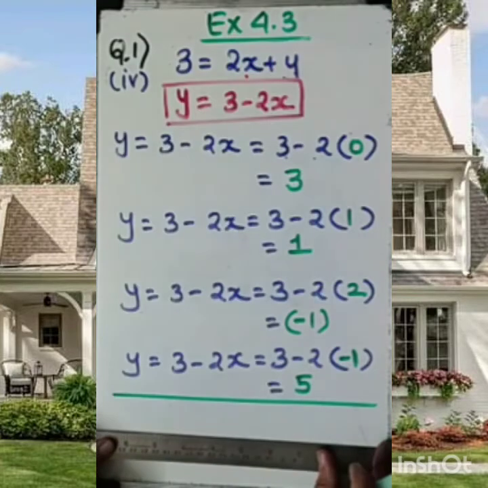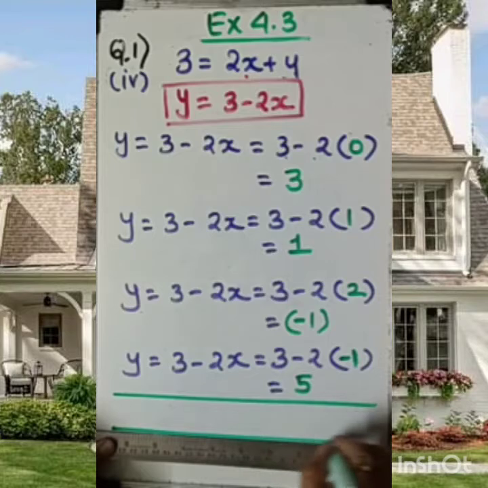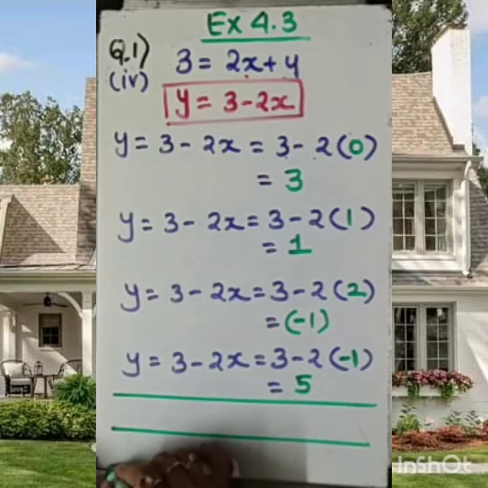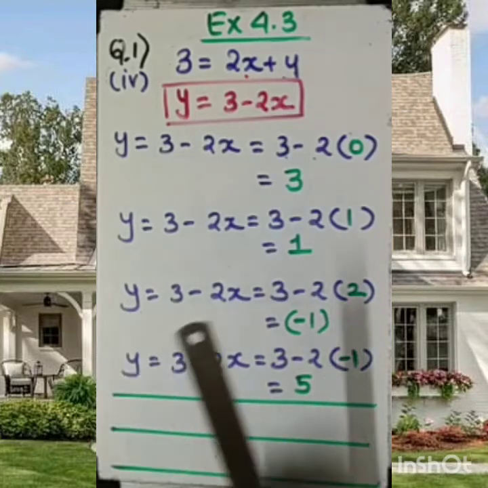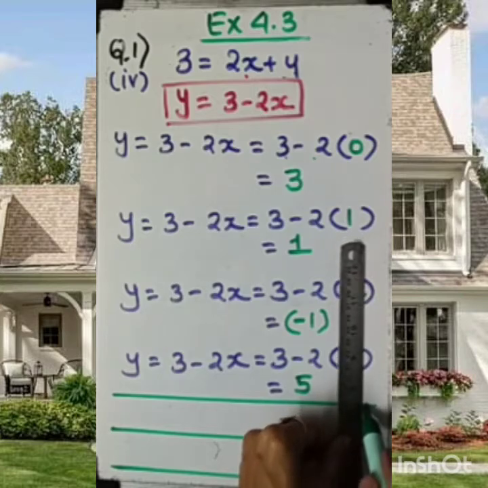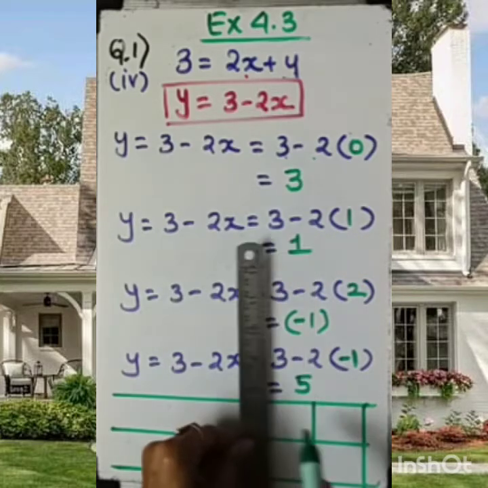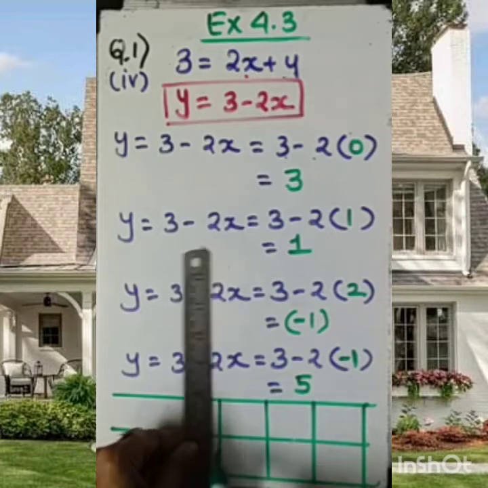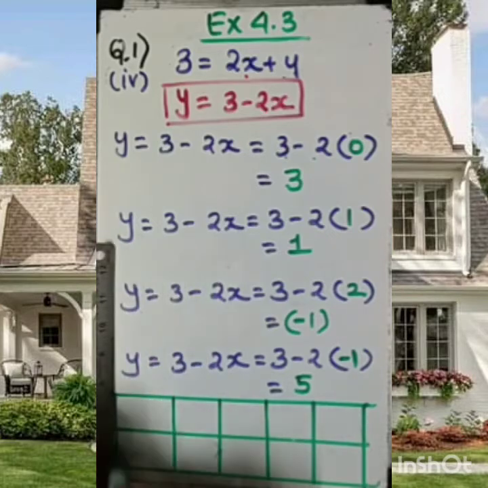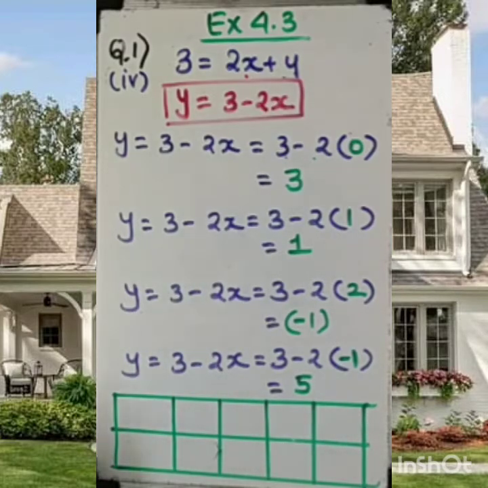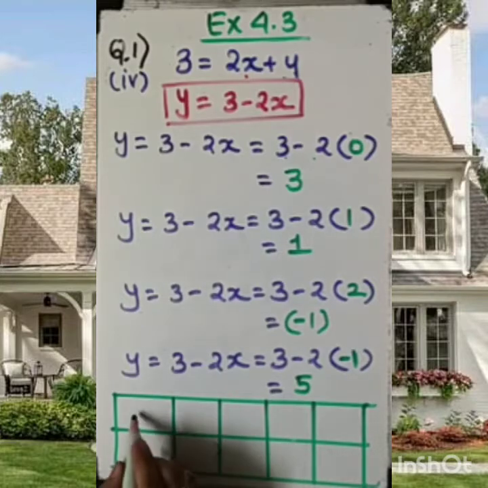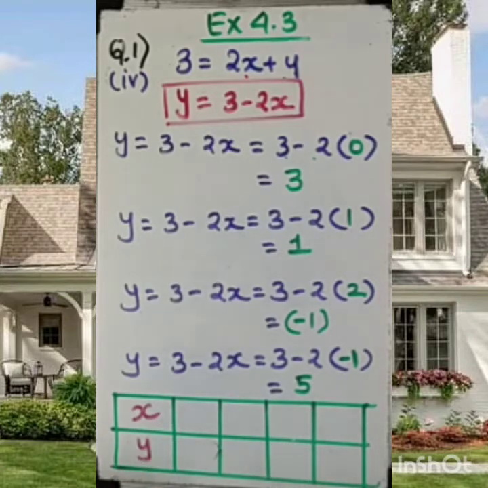So let me draw one table here. You can see on your screen. And there I am going to mention all these 4 values which we have found here. So 1, 2, 3, 4, and this is x and y. Got it? I am mentioning this x and this is y here.